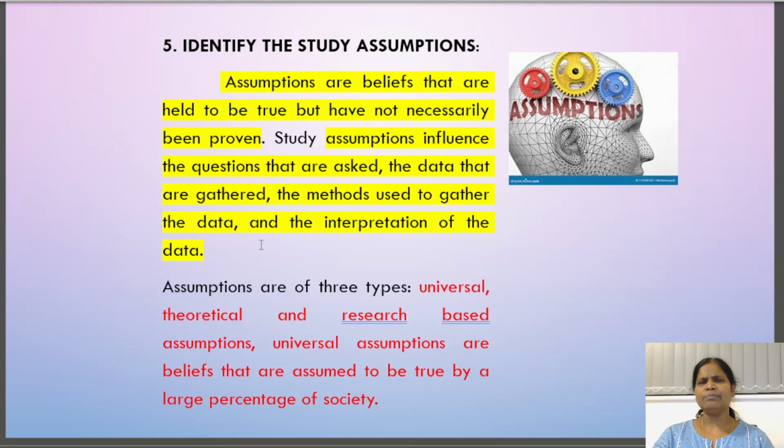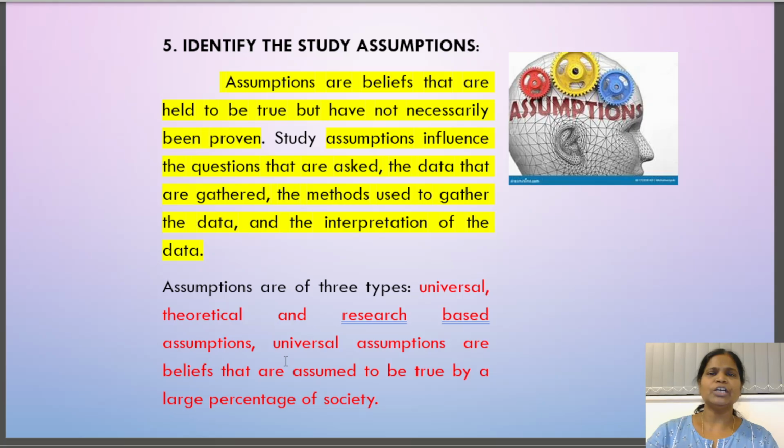We have different types of assumptions like universal assumption, theoretical assumption, and research based assumptions. Universal assumptions are beliefs that are assumed to be true by a higher percentage in society. Most of the people believe that this is true.